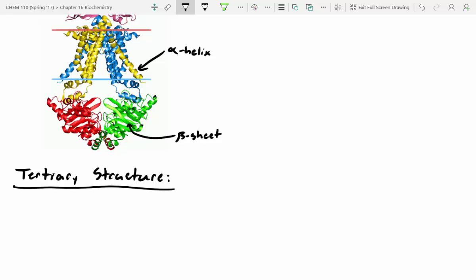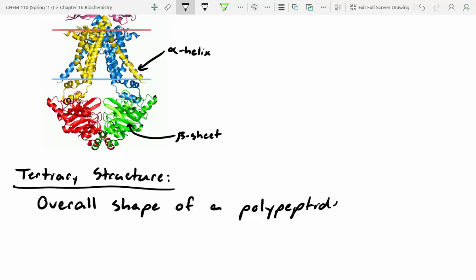So basically a tertiary structure is the overall shape of a polypeptide strand. So for example, the tertiary structure could contain both alpha helices, beta sheets, things that aren't H-bonded, some coiling. It's basically just the overall polypeptide and how it folds.